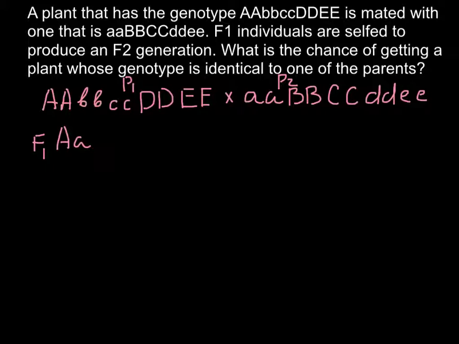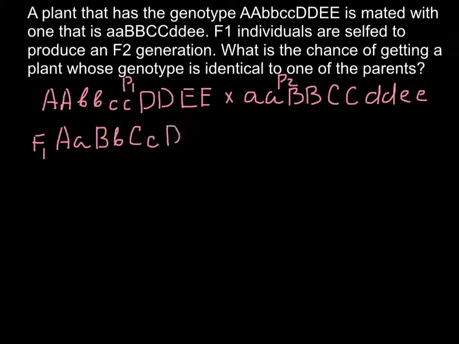And now let's move to the next position, allele B. Here we have a homozygous recessive condition, and here we have a homozygous dominant. So once again, this parent only can donate small b allele, and this parent only can donate capital B allele. So once again, here would be capital B, small b, and the same situation for the rest of the alleles, as you see.